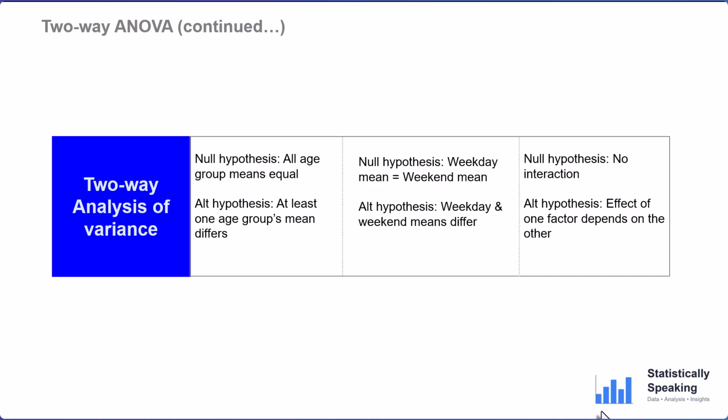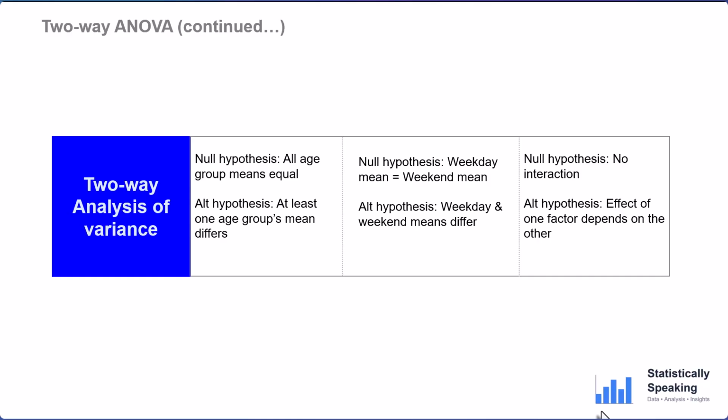So two-way ANOVA has basically three hypotheses. The first two are standard. They're what you would expect to find in a one-way ANOVA as well. In our example, the null hypothesis would be that the means of all age groups are equal. The other null hypothesis would be that the average spending on weekdays would be equal to the average spending on weekends.